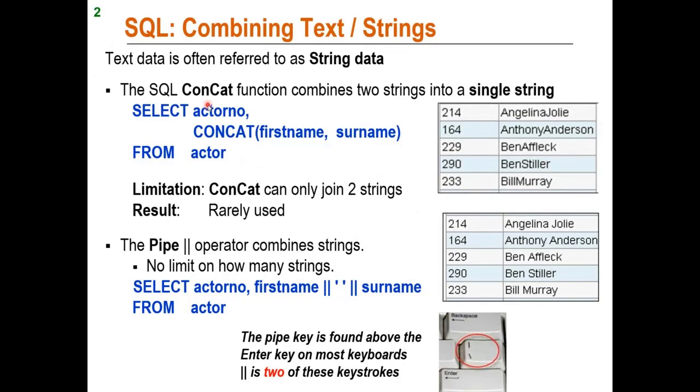Sometimes we need to combine two or more strings together, right? The concat function can combine two strings together to produce one single string. For example, if I wanted to combine the first name column and the surname column of our table, for example in the actor table, I can use the concat function, something like this.